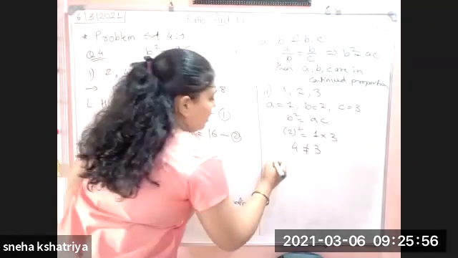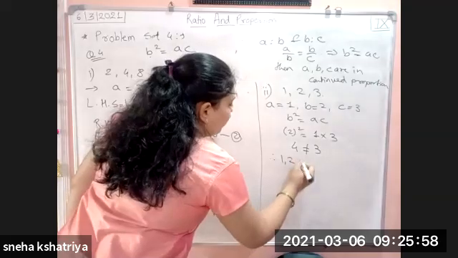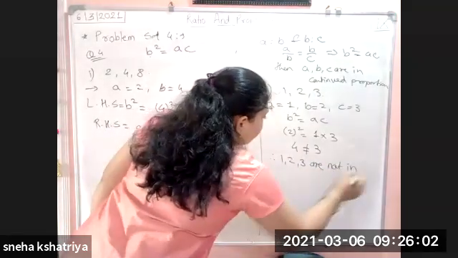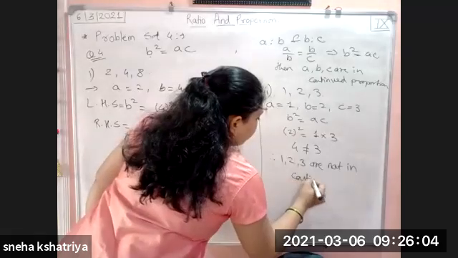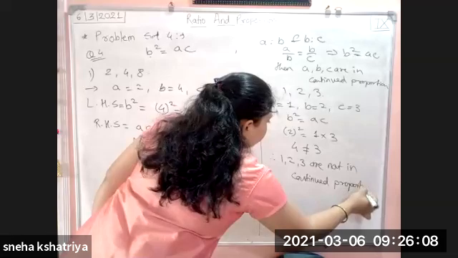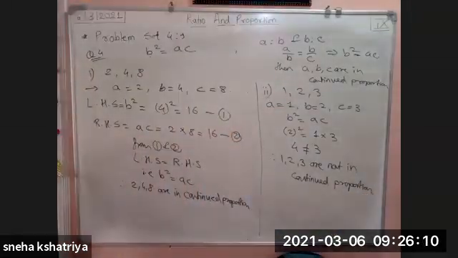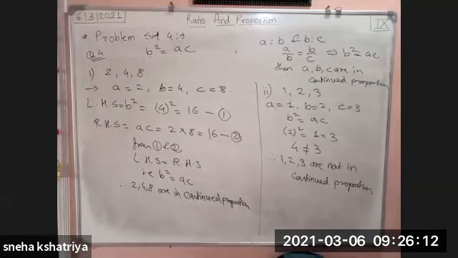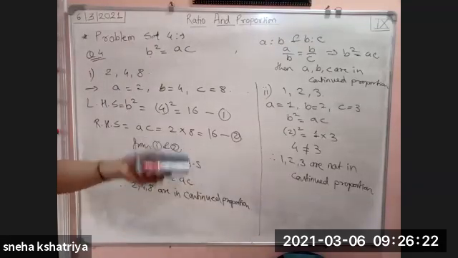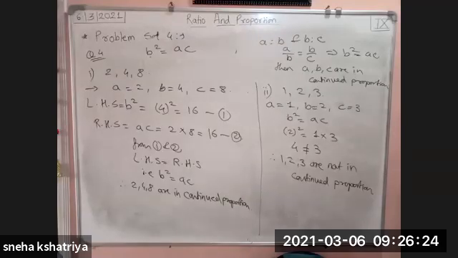So we will write here, therefore 1, 2, 3 are not in continued proportion. Very simple. If it is same, they are in continued proportion. If they are not same, they are not in continued proportion.